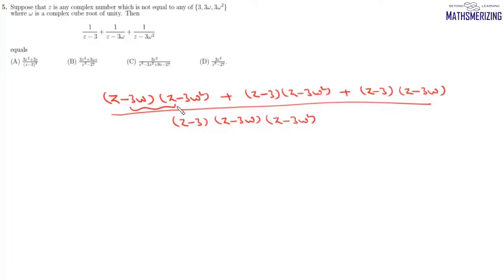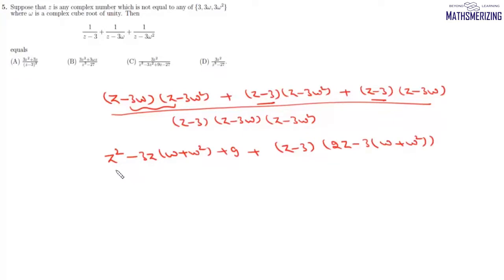Now we'll multiply them. We can write z square minus 3z (omega plus omega square) and then plus 9 omega cube, which is 1. Now here we'll take z minus 3 common, then it'll be 2z and then minus 3 (omega plus omega square).